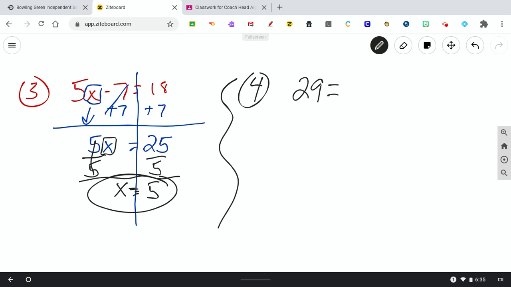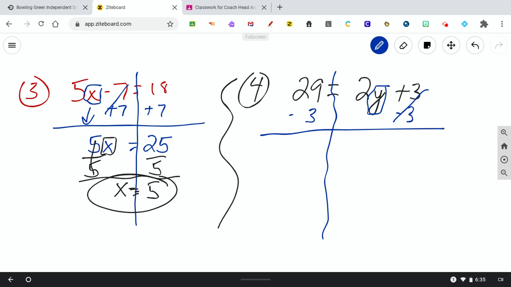29 equals 2y plus 3. Draw my line. I'm trying to get y by itself. Okay. So I'm going to subtract 3. That cancels. 29 minus 3 is 26.